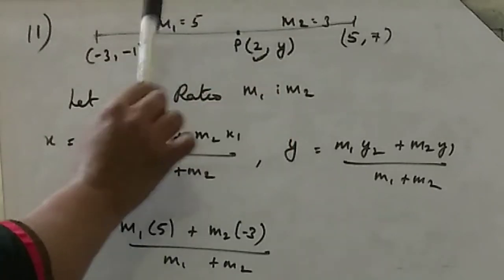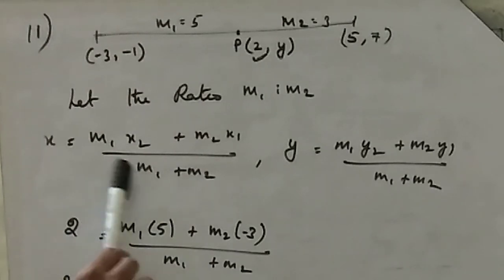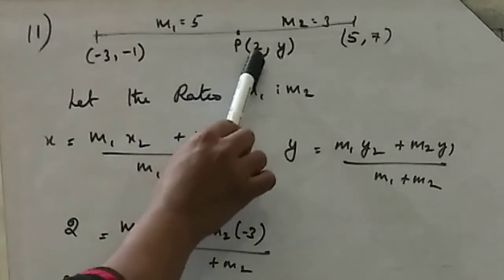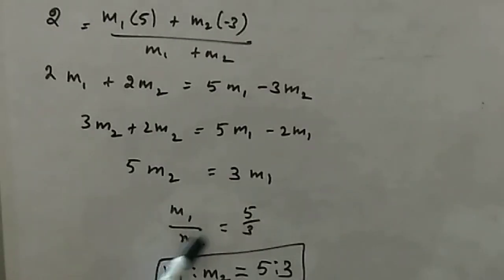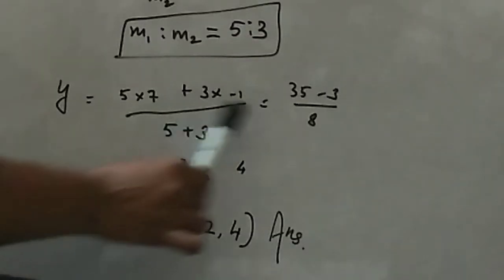Ratio is not given, so take it as m1 ratio m2. Now write down the formula, take the x values and get the ratio m1 upon m2 is equal to 5:3.